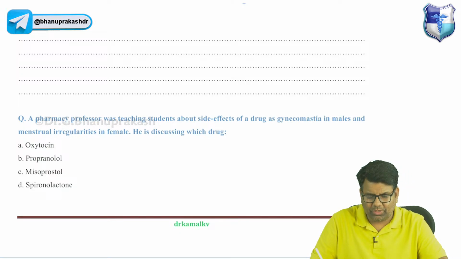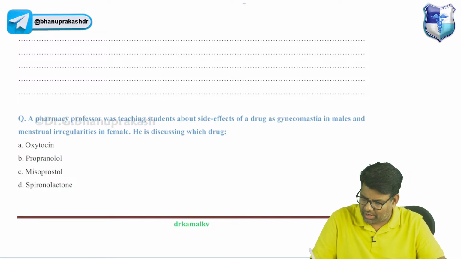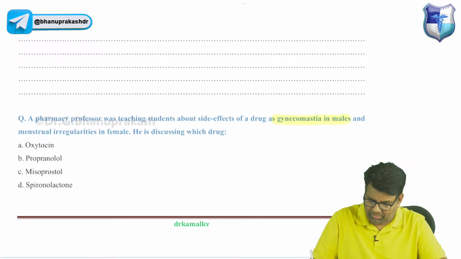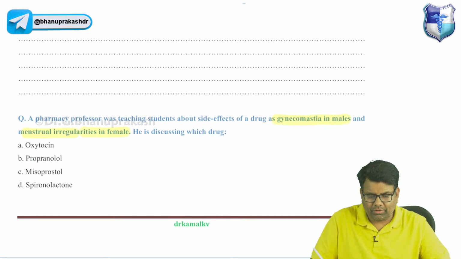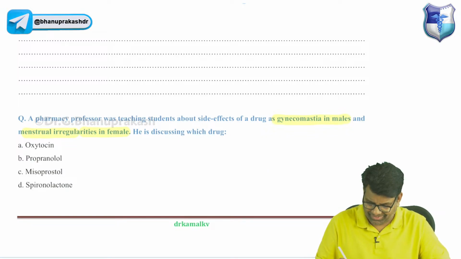Professor was teaching students about the side effects of a drug, which are gynecomastia in males or menstrual irregularity in females. Which drug is she talking about? This is, of course, here everyone is right.